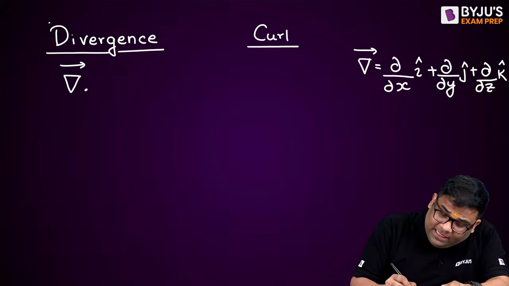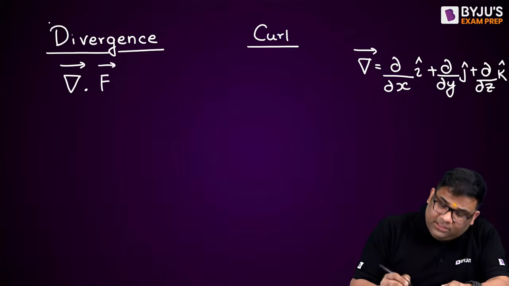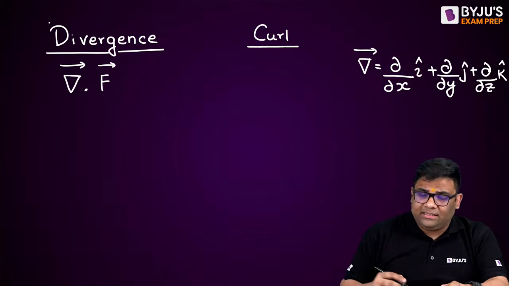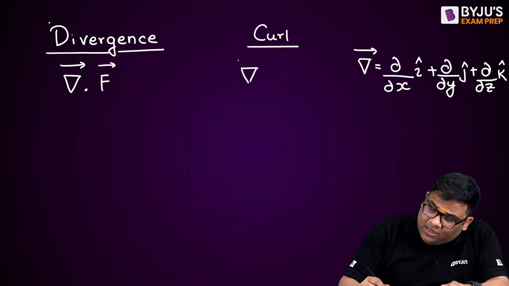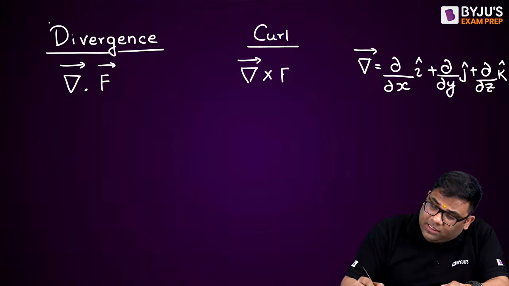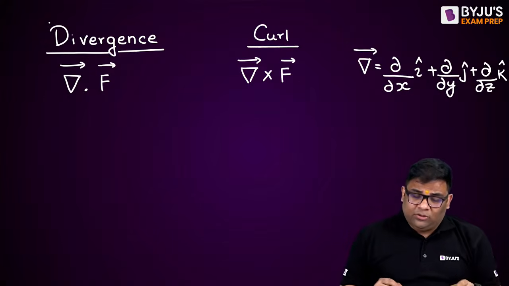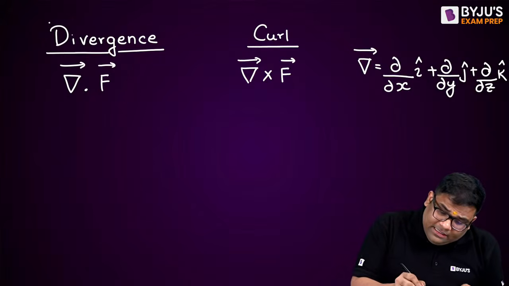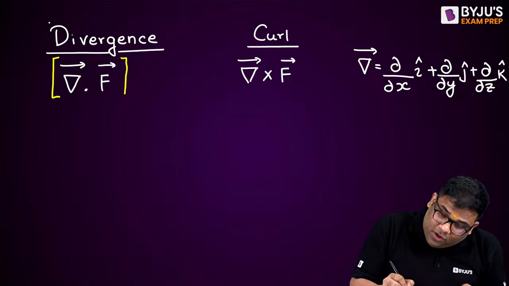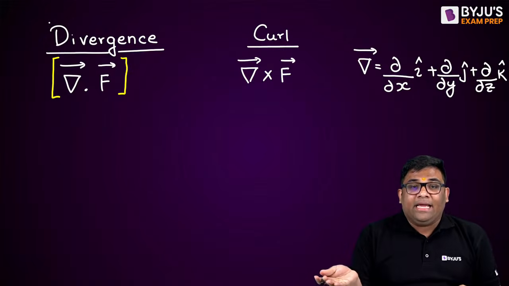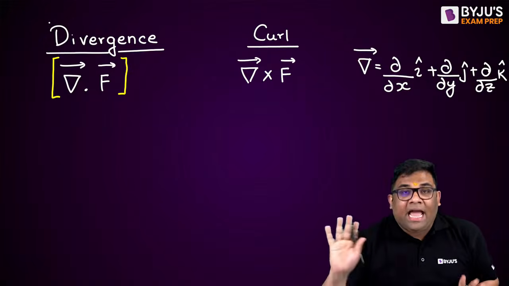So I can take the dot product of this with any vector, and I can take a cross product of this. Divergence is nothing but the dot product of del with any vector f.